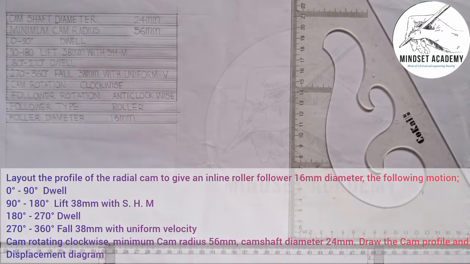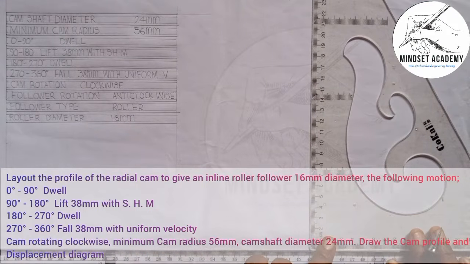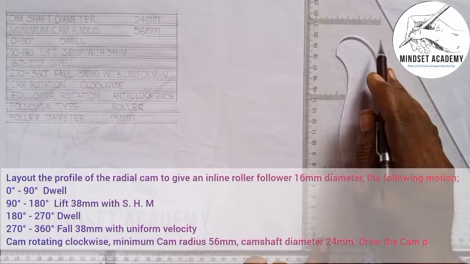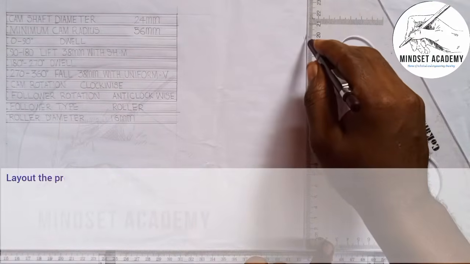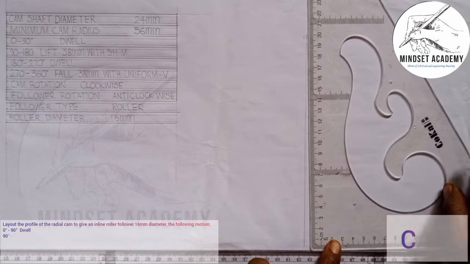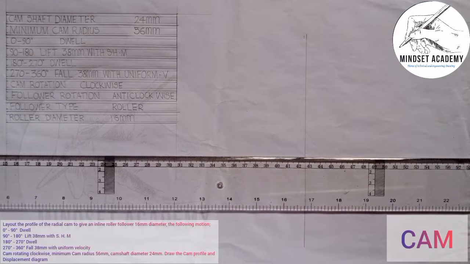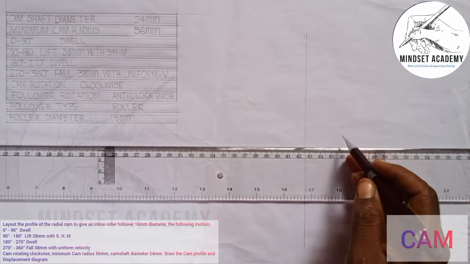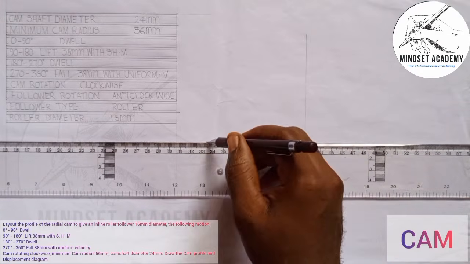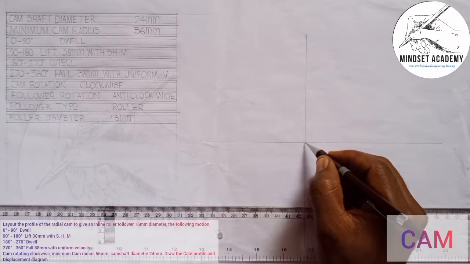The first thing you do, you should draw your vertical line in this manner. Then you draw your horizontal line in this manner. You can see that, and it is meeting at this point.